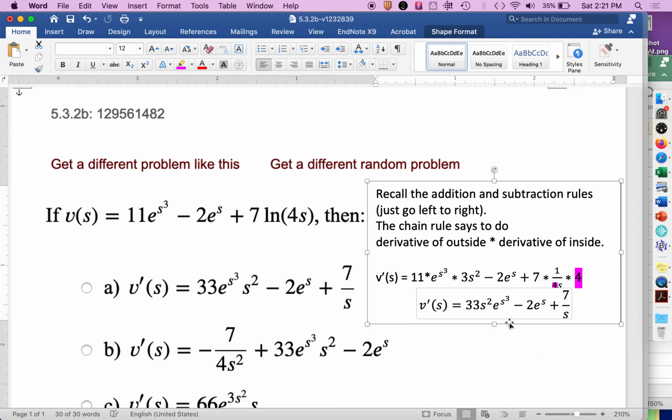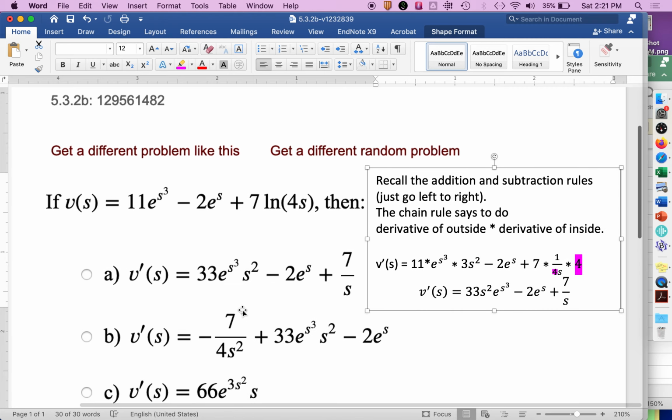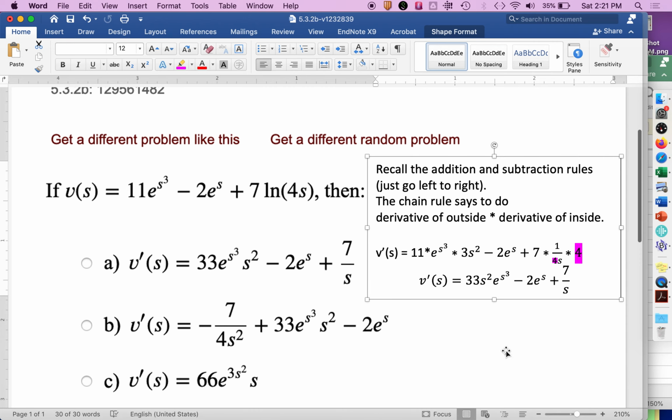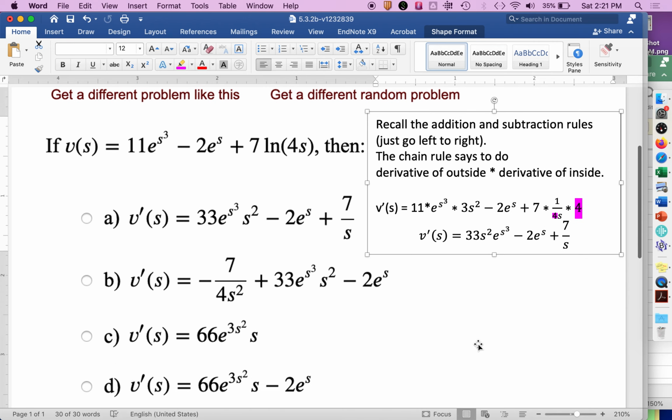And then I've got 33s squared e to the s cubed minus 2e to the s plus, after I cancel the 4's, I can write the 7 on the top of the fraction, so I have 7 over s. And that should be enough to give it to me. Let's see, so that is going to be choice. Take a look at all the choices. The only one that's got all the right pieces, right, is choice A.